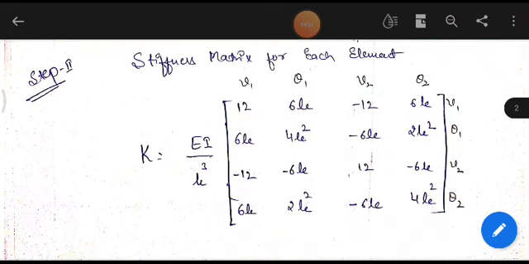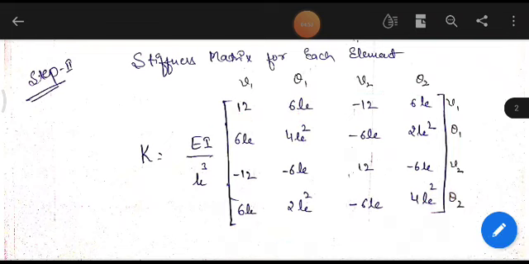So once I will read here: 12, 6Le, minus 12, 6Le; 6Le, 4Le square, minus 6Le, 2Le square; minus 12, minus 6Le, 12, minus 6Le; 6Le, 2Le square, minus 6Le, 4Le square, where Le is nothing but the length of the element. Since we are calculating the stiffness matrix for the first element, the Le is nothing but the length of the first element.